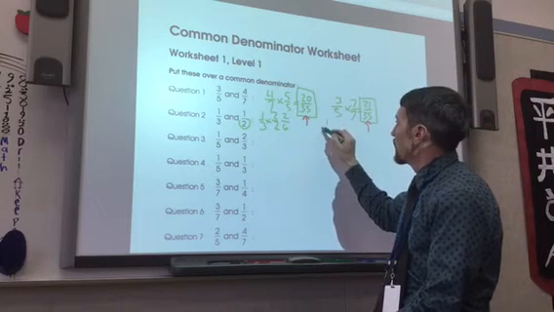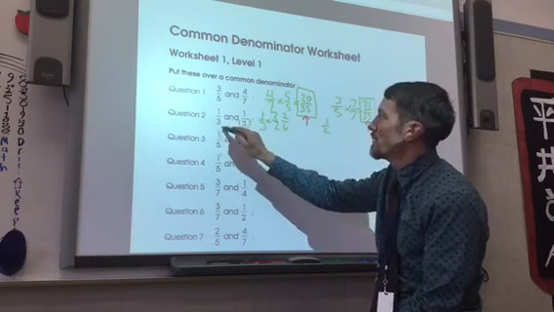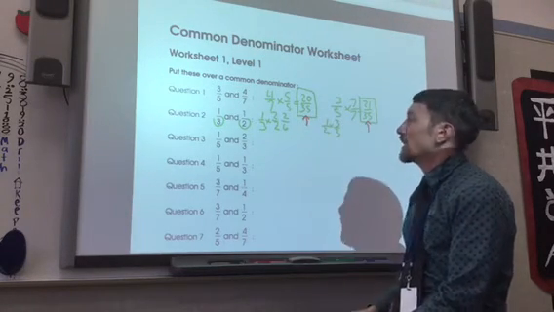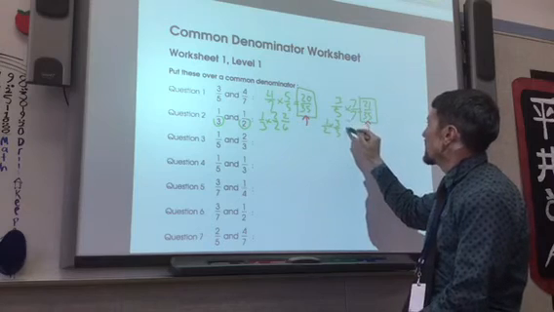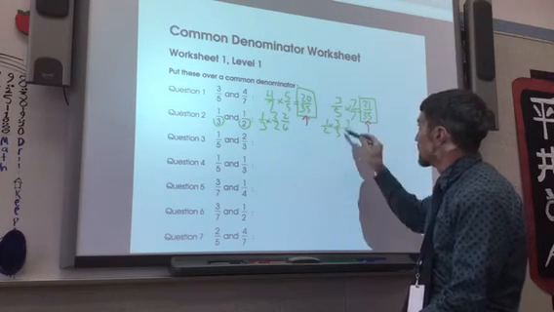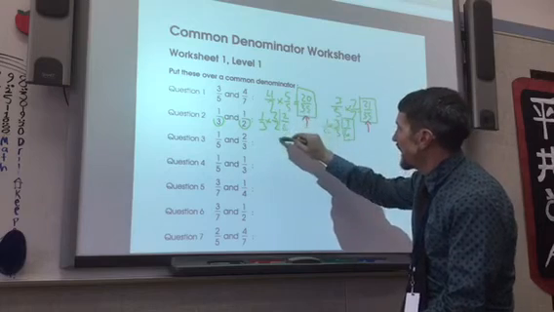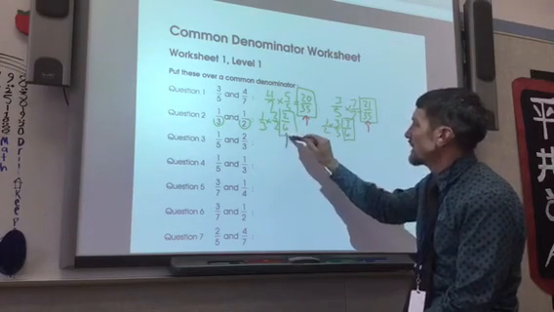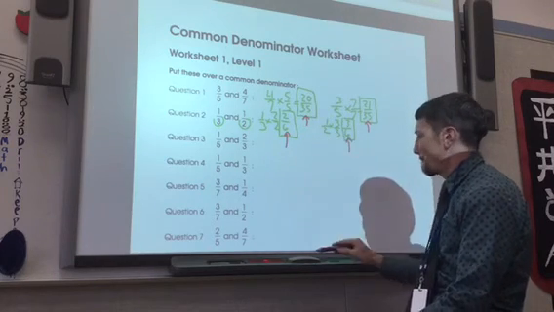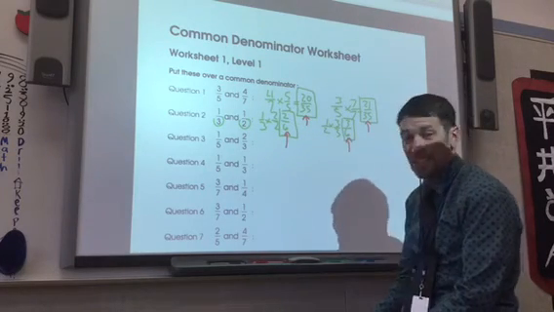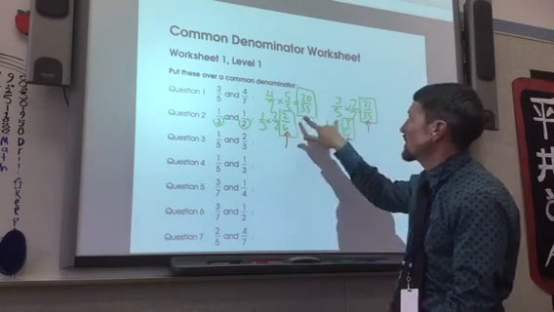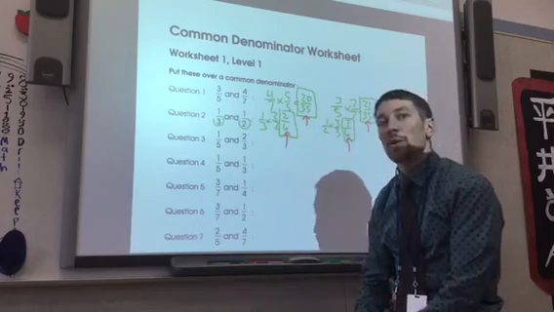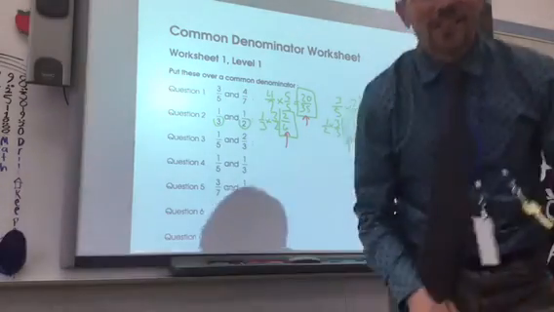And then I've got 1/2, and I'm going to multiply it by 3. 1 times 3 is 3. 2 times 3 is 6. So now I have put them under a common denominator. And you see the numerators have changed as well because I had to change them by the factor that I multiplied by. All right, good luck.